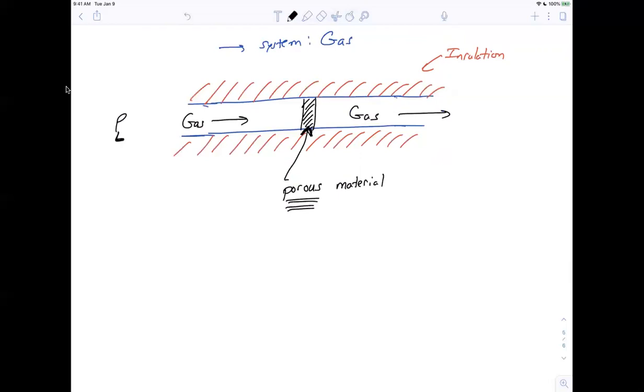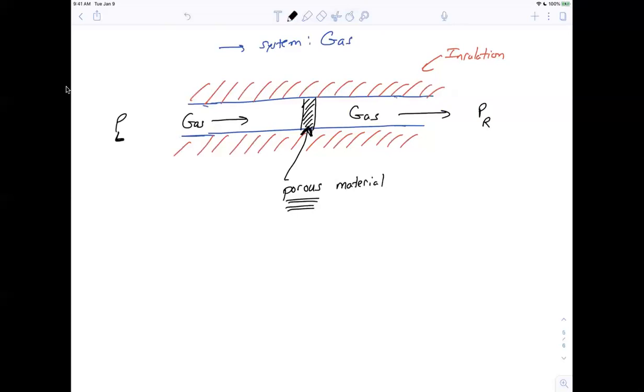But because of this obstruction, there's probably going to be a decrease in the pressure. That's something that is intuitive, perhaps. So on the other side, you'll have P sub R.